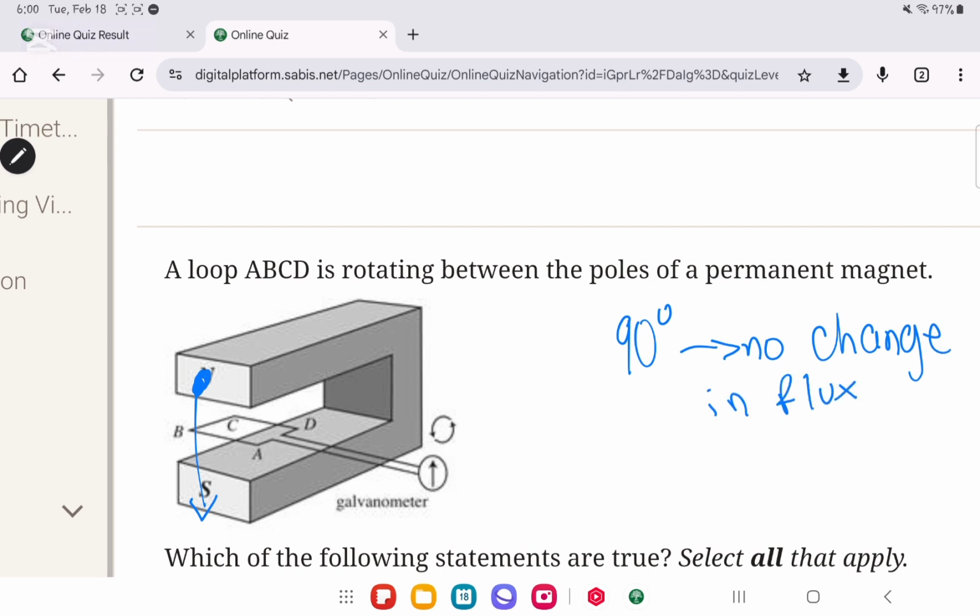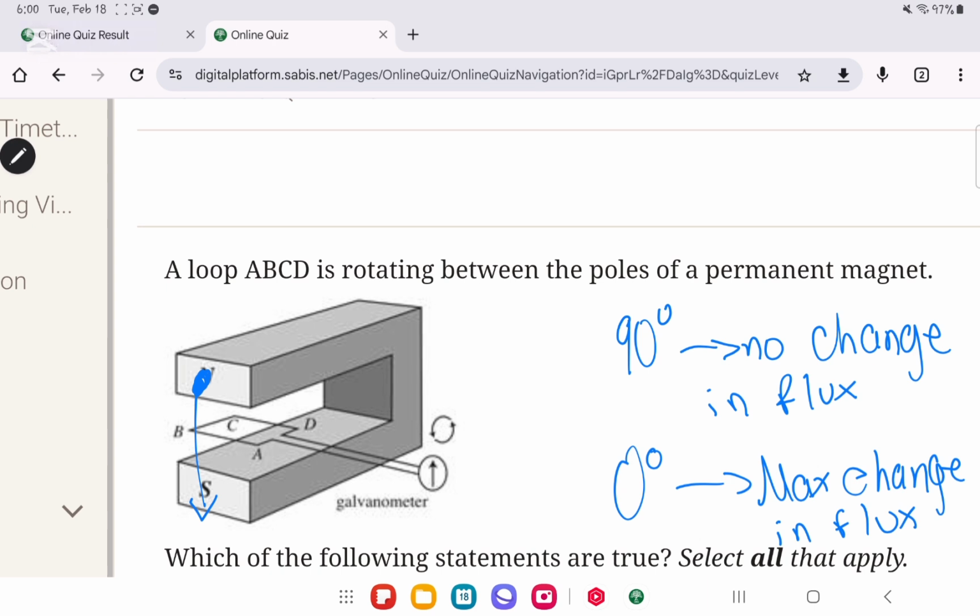However, if there is 0 degrees between the magnetic field and the wires, then there is a maximum change in flux. So again, remember, if there's 90 degrees, then there's no change in flux. If it's 0 degrees, then it's a maximal change in flux.